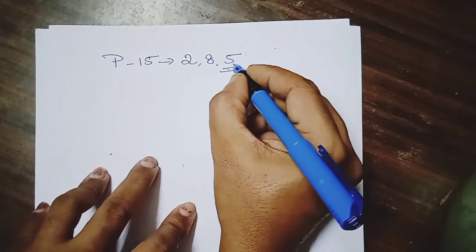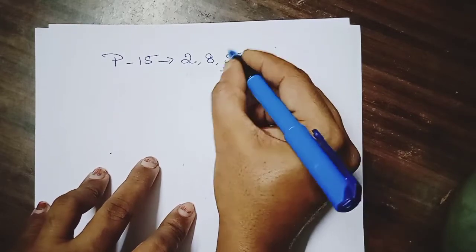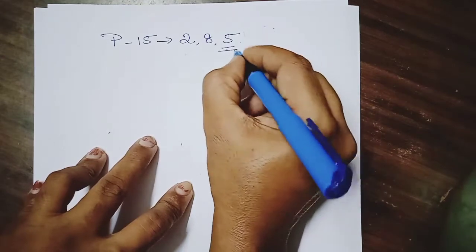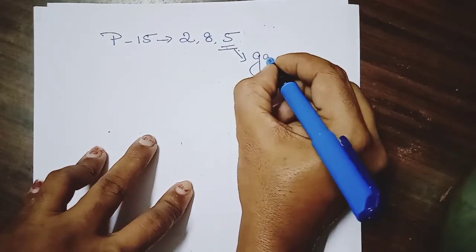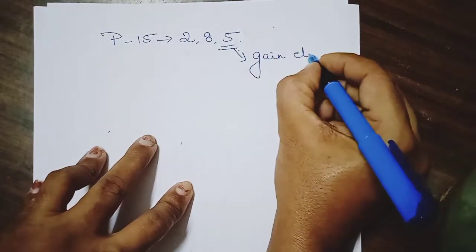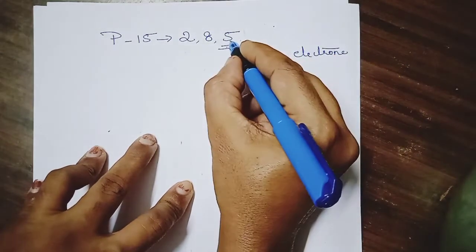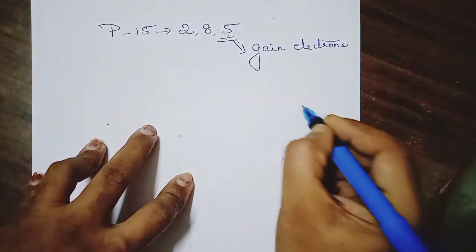So in order to attain its octet, better than losing electrons, the better way is to gain electrons. Now how many electrons will it gain to attain its octet? That is to attain 8 electrons in the outer shell.